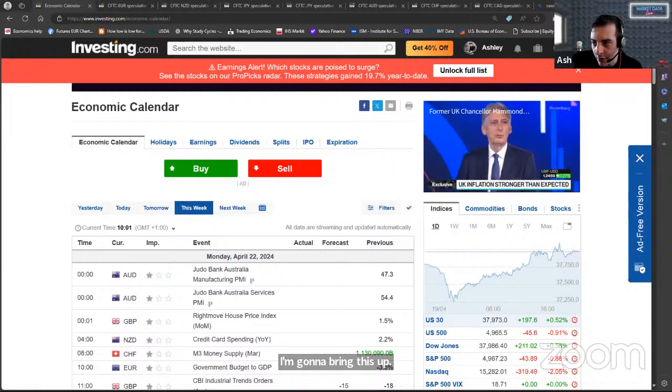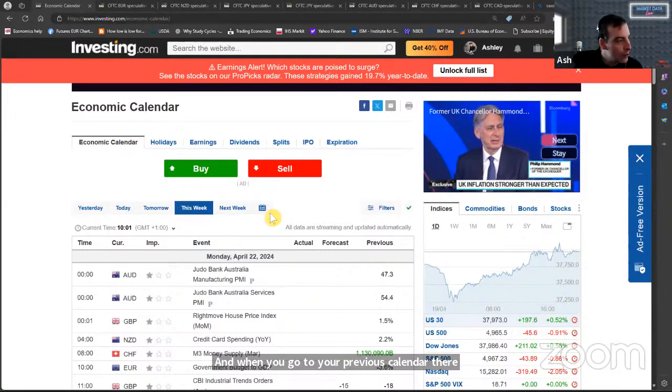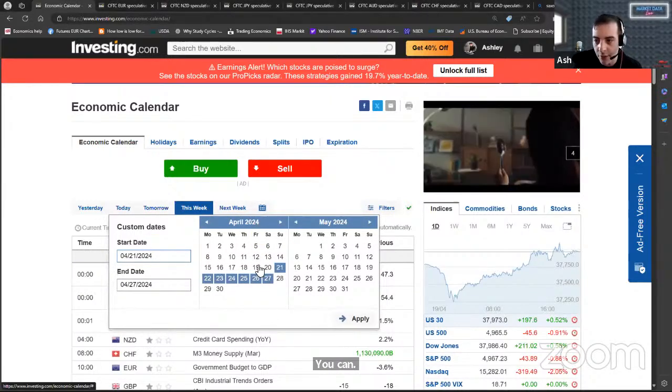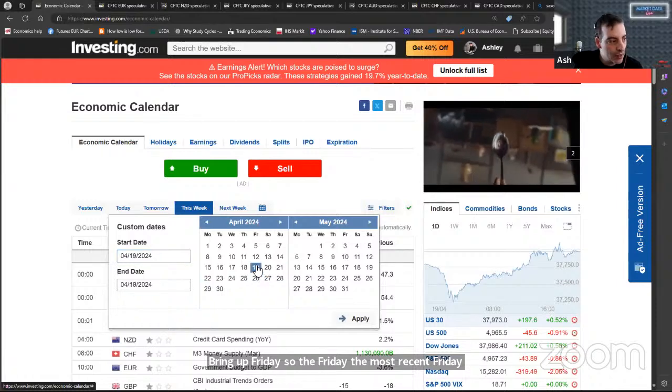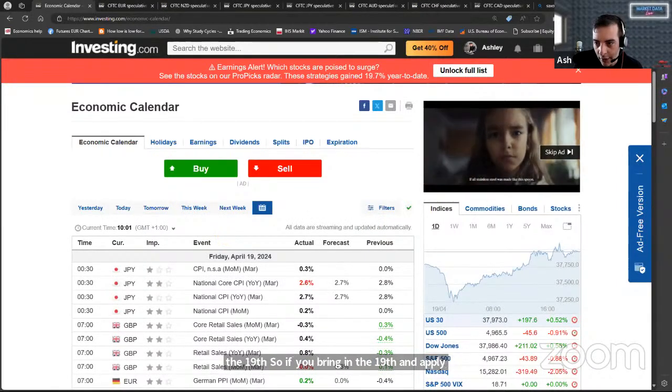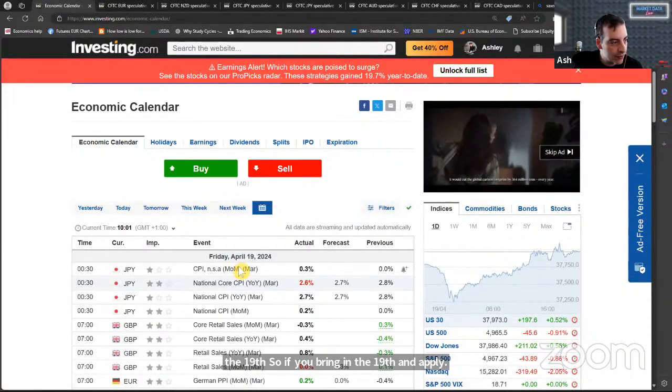And when you go to your previous calendar there, you can bring up Friday. So the most recent Friday was the 19th. So if we bring up the 19th and apply, then what we're going to get is the data from Friday.